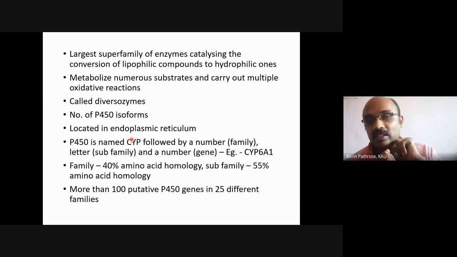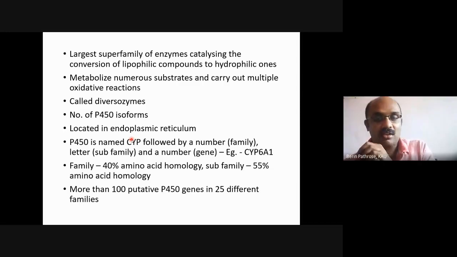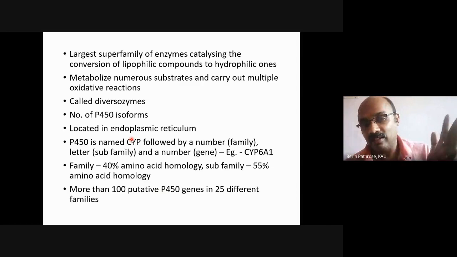And there are more than 25 different families of cytochrome P450 enzyme. That means more than 100 P450 genes lead to the production of these enzymes, and these enzymes fall into 25 different families because they share similarities in amino acid sequence.